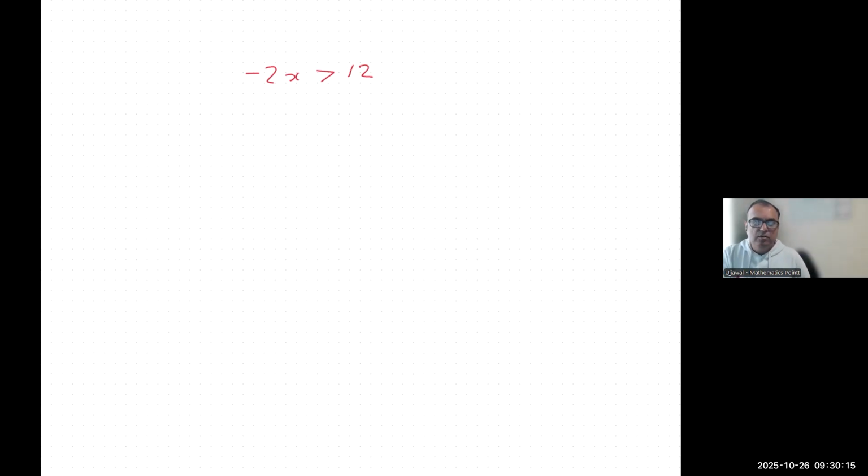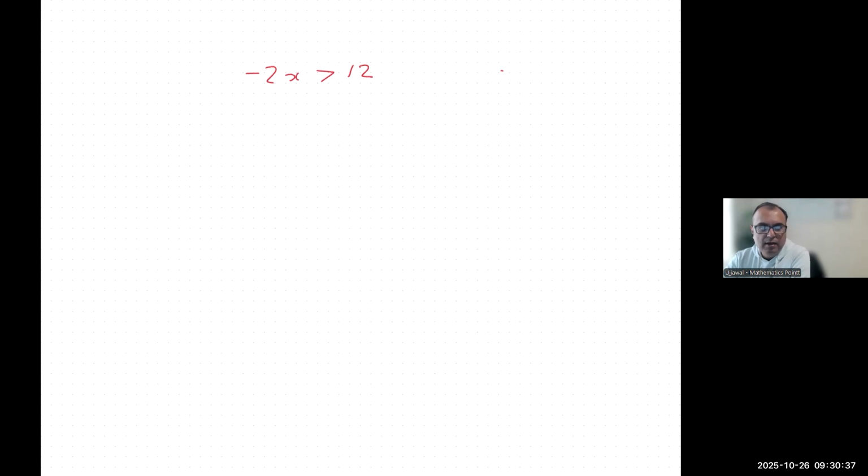Whoever is just giving me negative 6 as an answer, this is an inequality. Whenever you are asked to give an answer for an inequality or an equality, always say x equals to, or x less than or equal to. The variable needs to be provided in the answer.